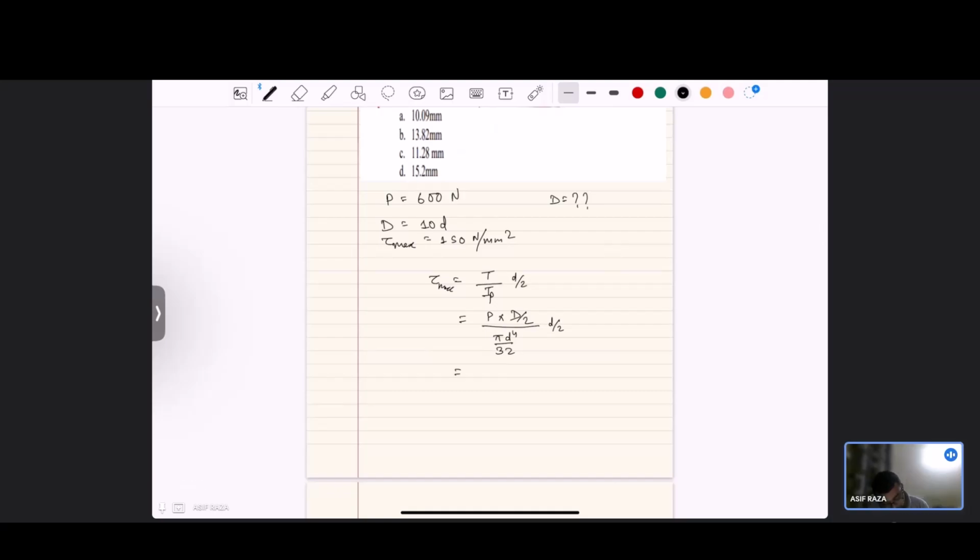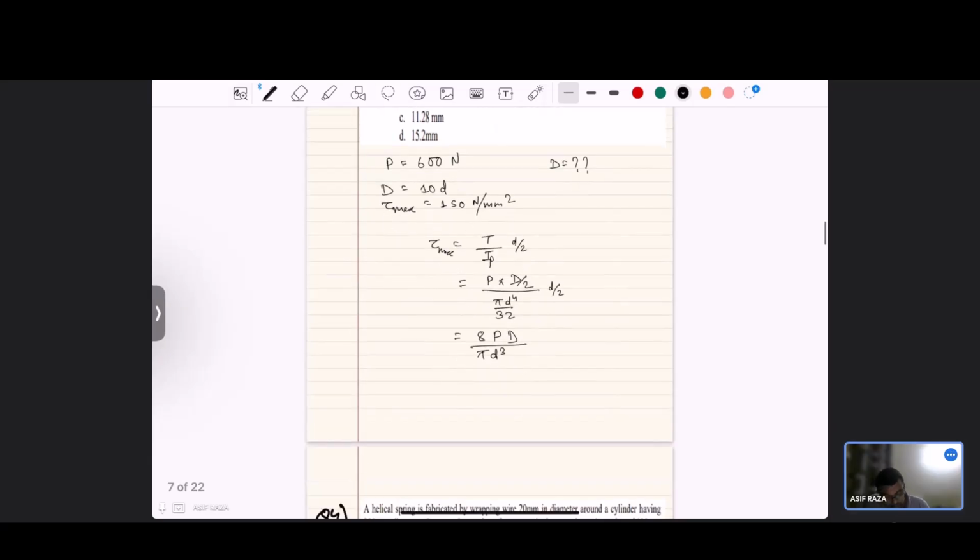So this will be equal to 16 P T by pi d cube. T is 10d, right? So that is 80 P on pi d square.